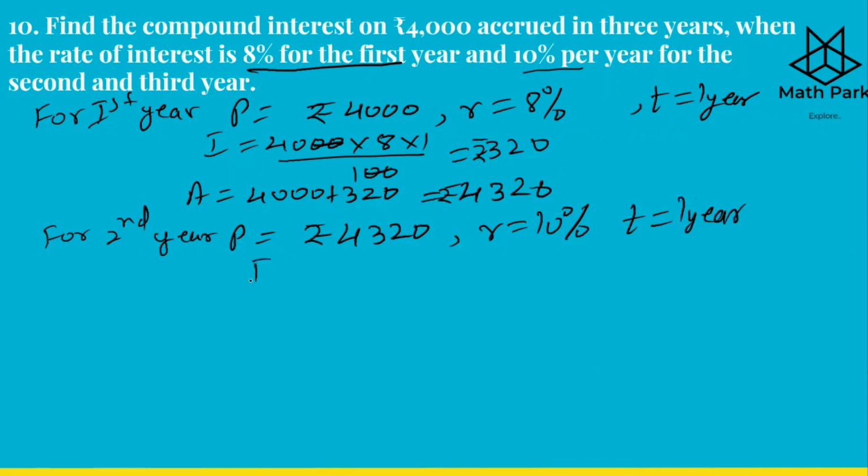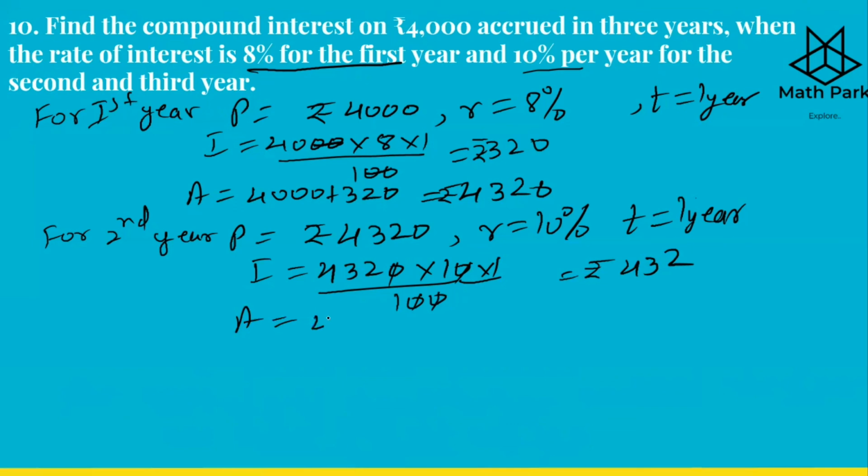So we get interest is equal to 4,320 into 10 upon 100 into 1. So this becomes only rupees 432.